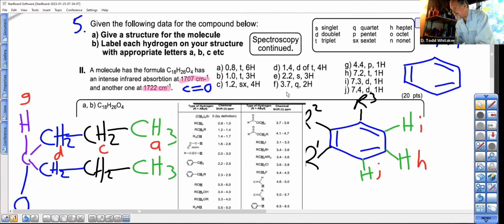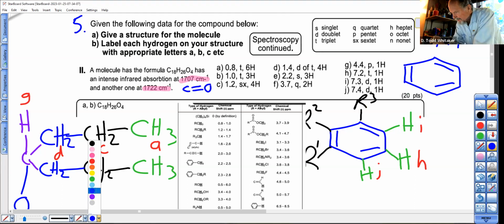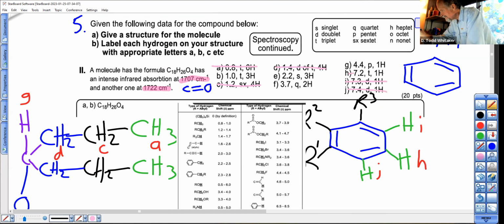And let's just cross off things we've accounted for. When we get anywhere near the end, it's good to just do some bookkeeping. We've accounted for A. We've done C. We've done D. And these guys here. And I believe we snuck a G in. So let's just look at what's left, shall we?